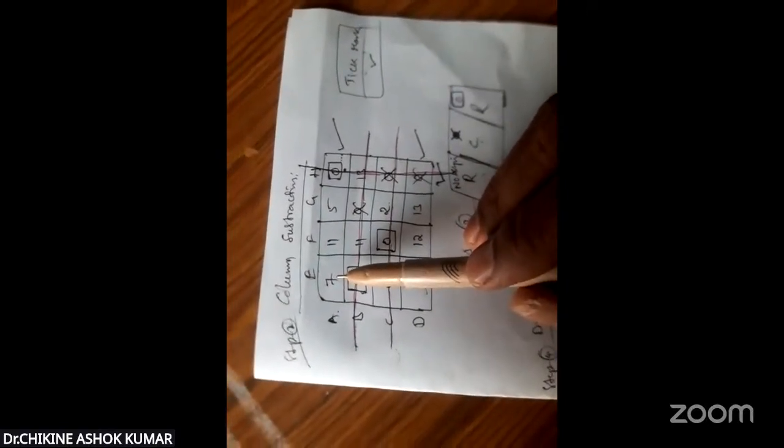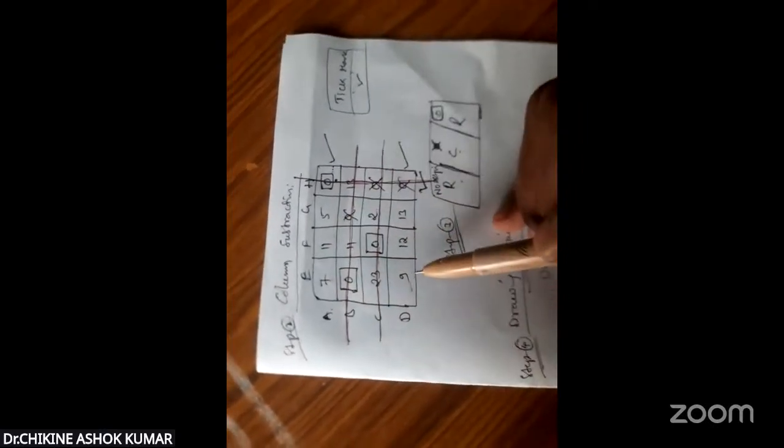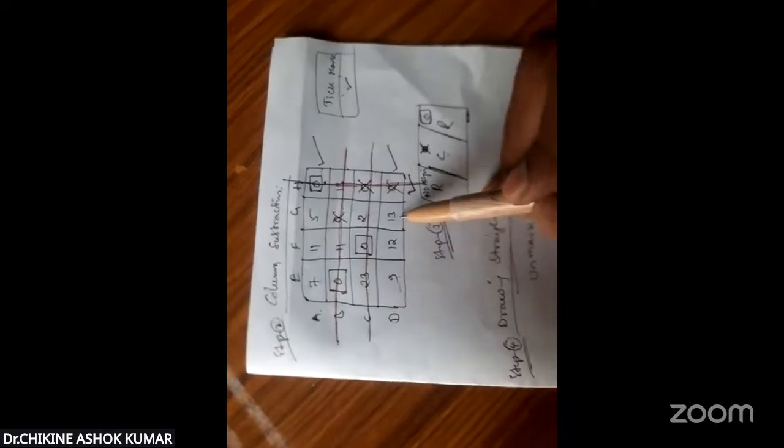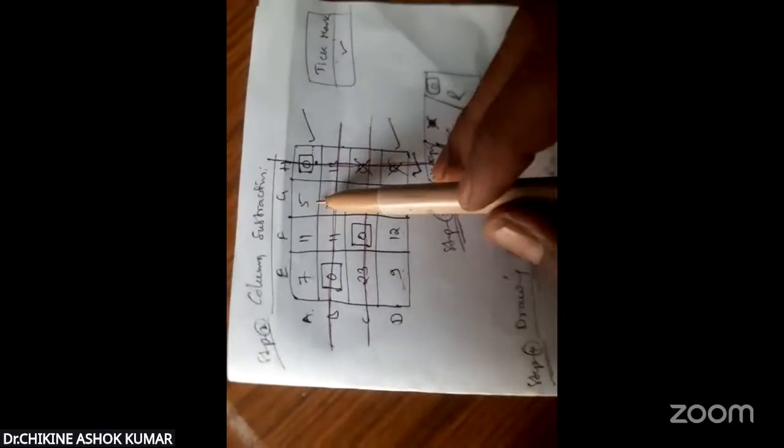The elements not passing through the lines are 7, 11, 5, and the last row 9, 12, 13. Among these 6 elements, 5 is the least element.